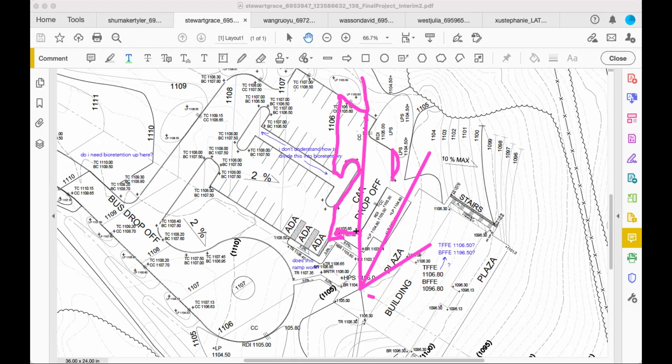So if this was the original line, offset by 50 will be something like this. Then that one becomes your 5. Yeah, I think a couple of contours got lost. Now you have your 6.